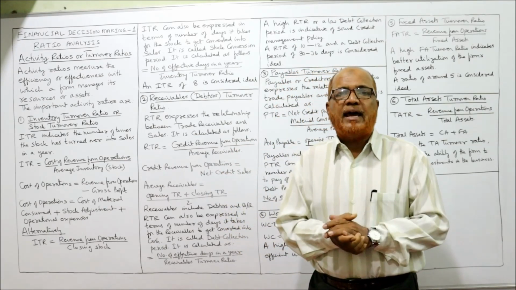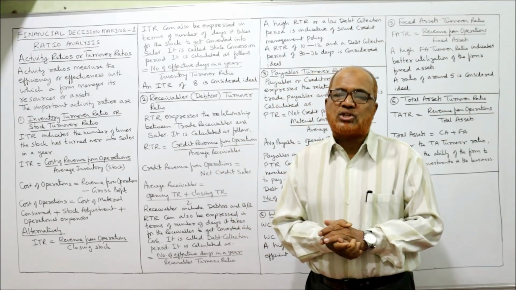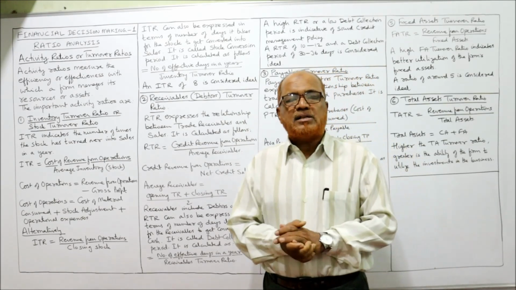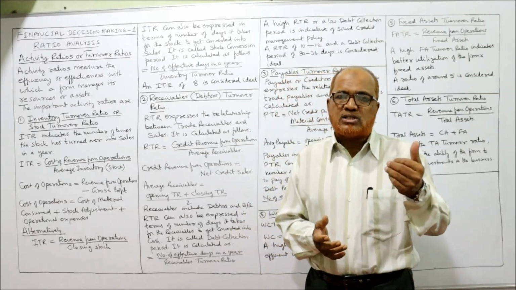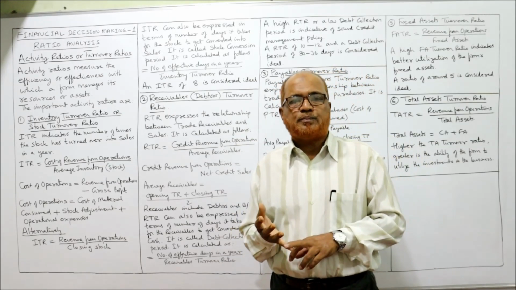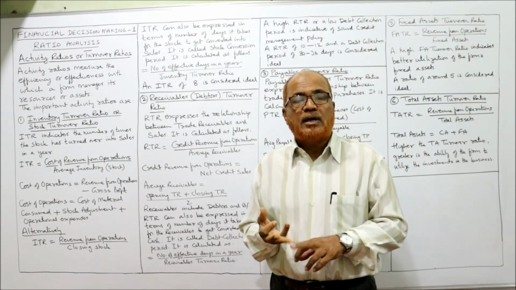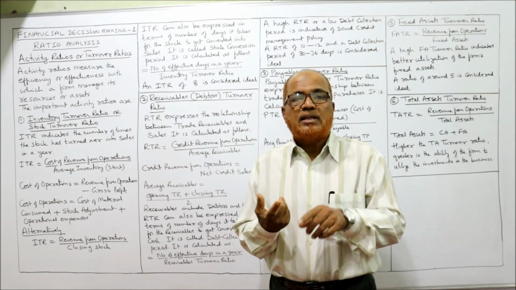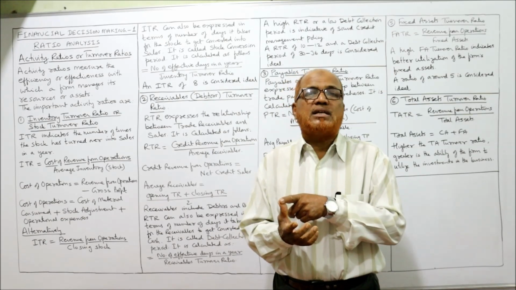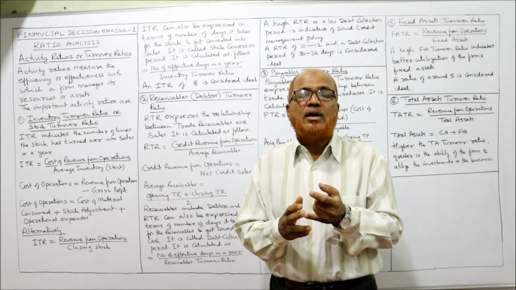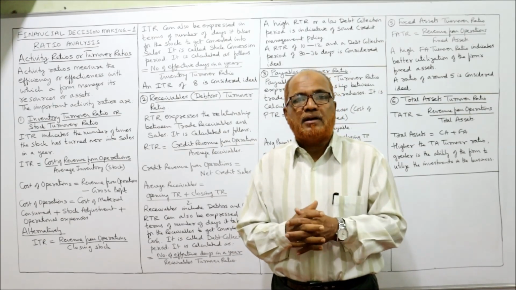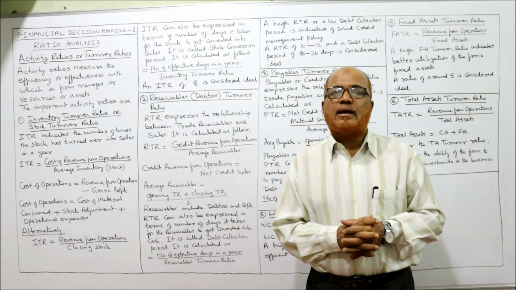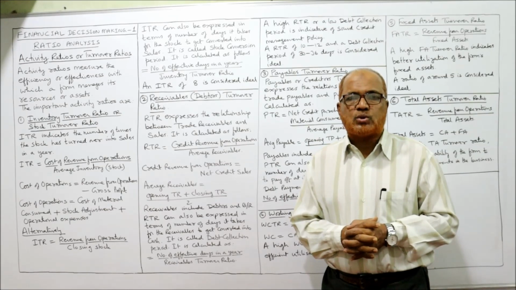Under this capital structure ratio, I explained in the last video debt equity ratio, proprietary ratio, capital gearing ratio, fixed assets ratio, then interest coverage ratio, dividend coverage ratio, debt service period. So these are the ratios which come under capital structure or leverage ratios.